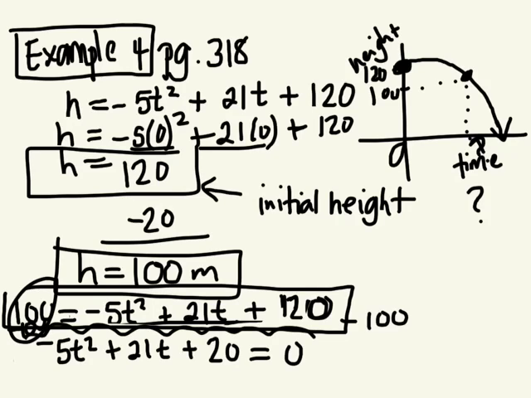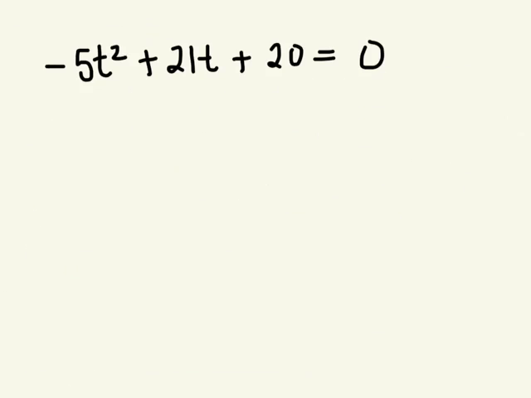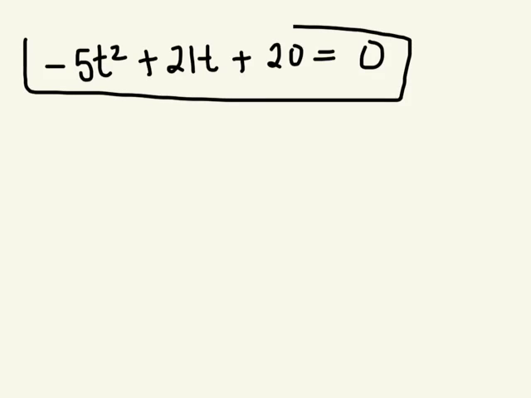So this is the equation we're going to work with, because we want to know when height is 100, what's the time? This equation will tell us the time when the height was 100 meters. Okay, we replaced h with 100, simplified it, and now we have negative 5t squared plus 21t plus 20 is equal to 0.